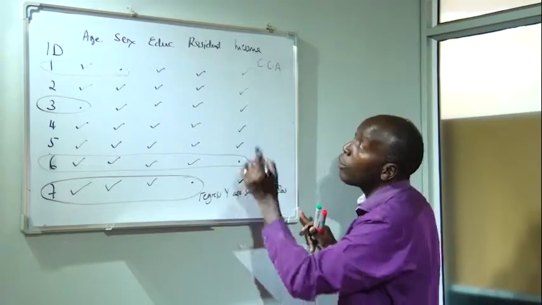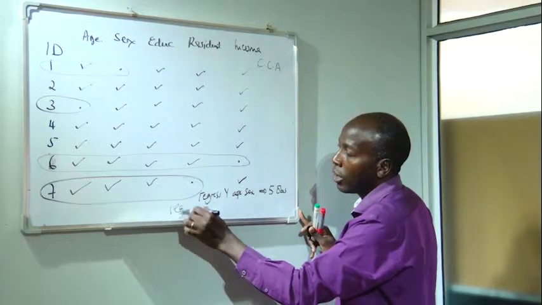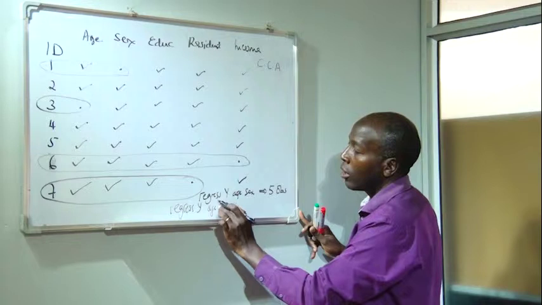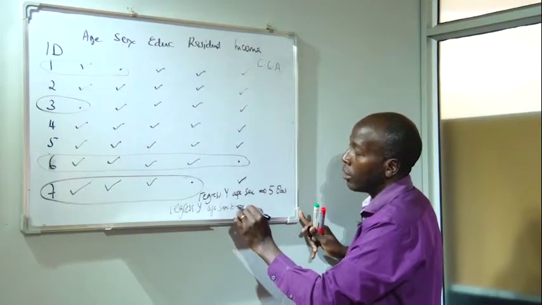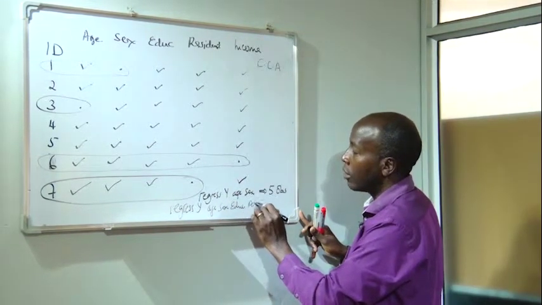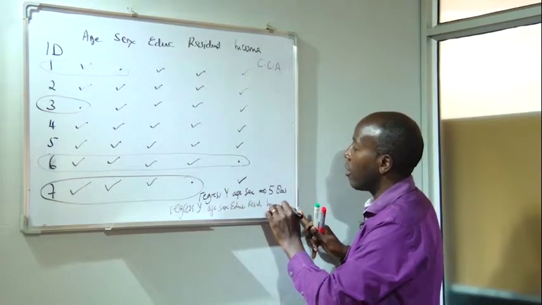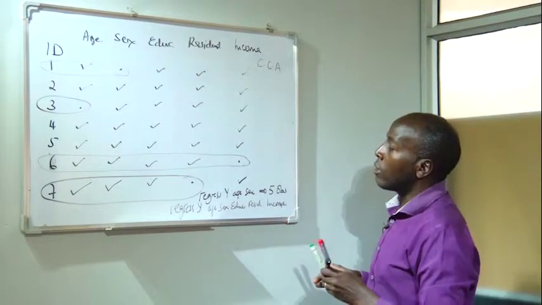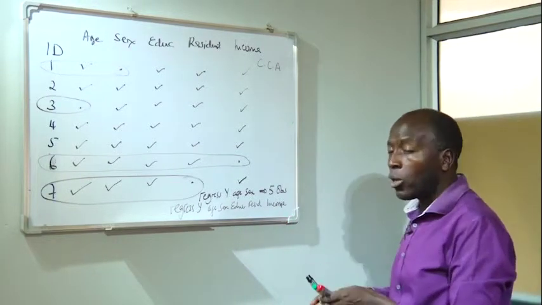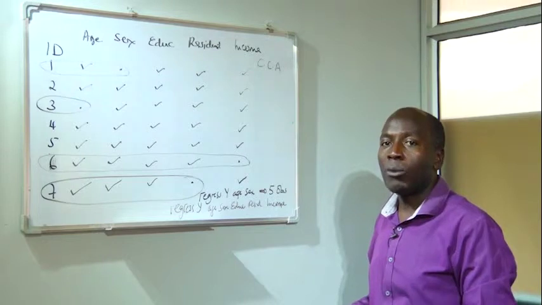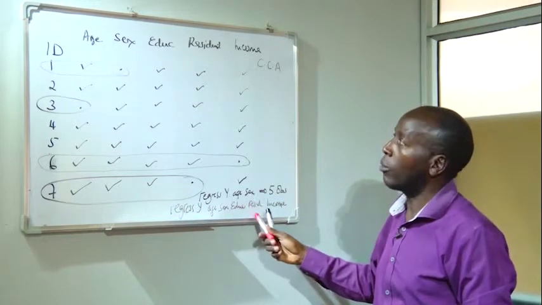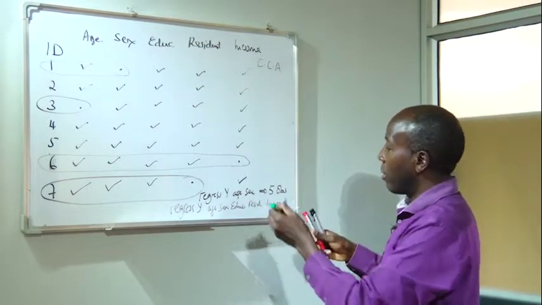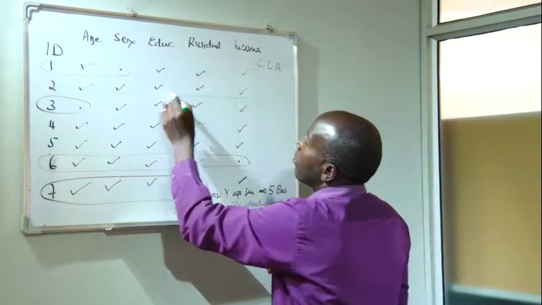So then you may add all the variables and say regress Y, then you have age, sex, education, residence, and income. Now, since you've added all, the computer will use only those who have complete data on each of these variables. And guess how many you'll be dealing with? It will be who has data on all those variables.